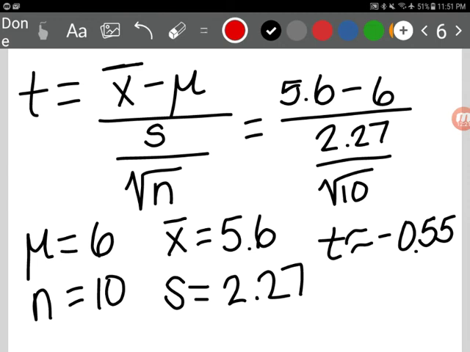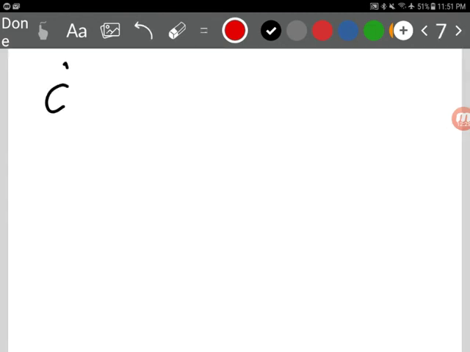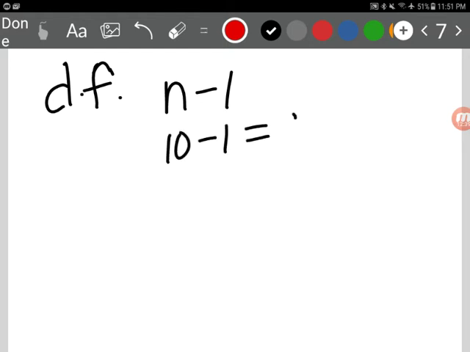Also on step 2, it says we want to find the degree of freedom. Your degree of freedom is n minus 1. We know that n is 10, minus 1 equals 9.